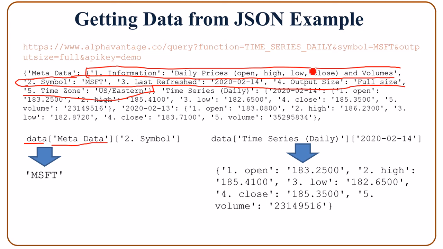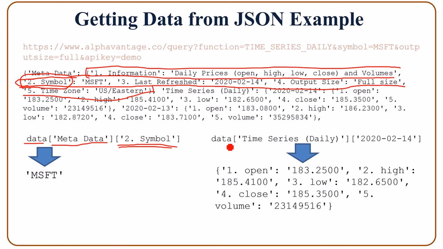So if we'd like to access symbol, the key is 2. symbol. Then we give 2. symbol as the key to data metadata, and what we get is the value of 2. symbol, which is MSFT, the symbol for Microsoft stock.